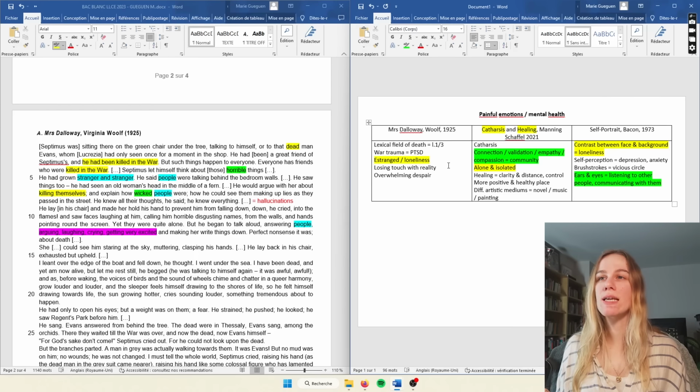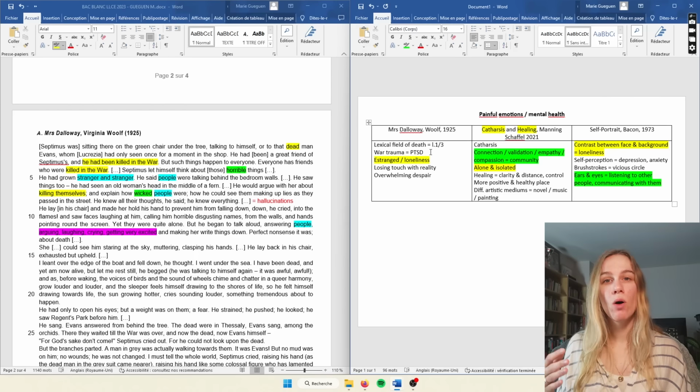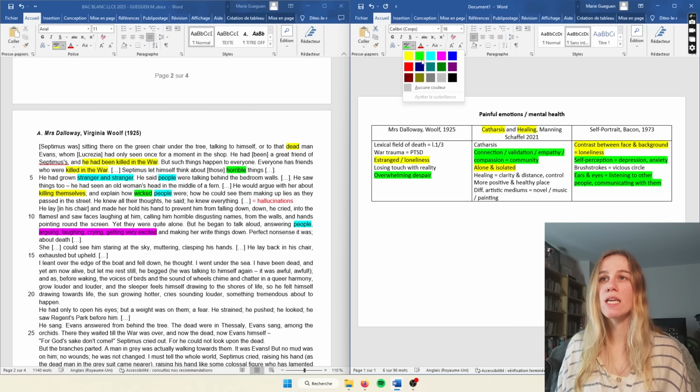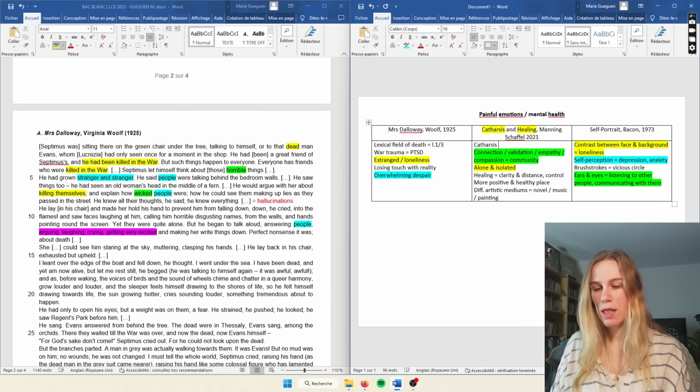Then we definitely have trauma or death or despair. So let's write despair, which would go with depression and anxiety, and the idea of catharsis, which is the expression of pain.